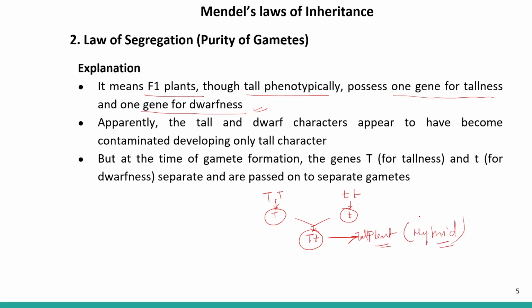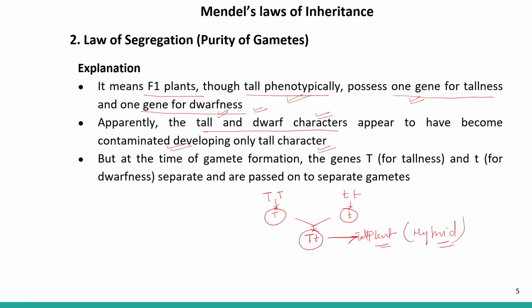So it is said that the F1 plant, though tall phenotypically, possesses one gene for tallness and one gene for dwarfness. Okay, so apparently the tall and dwarf characters appear to have become contaminated, developing only tall characters.